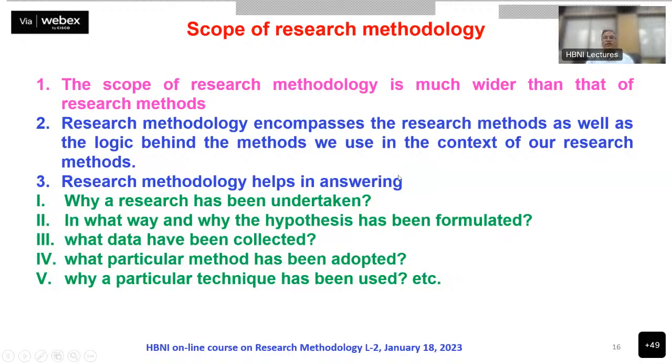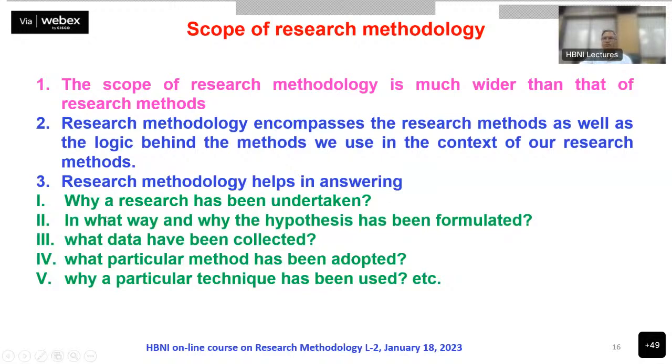So when we use a particular research method, research methodology justifies why you use this method. When you are justifying why you are taking this as a tool for solving the problem, that is a part of research methodology.